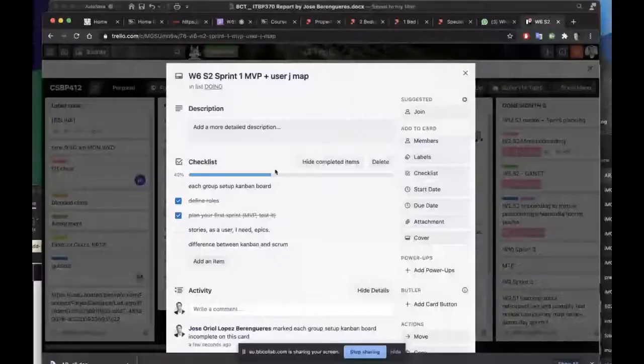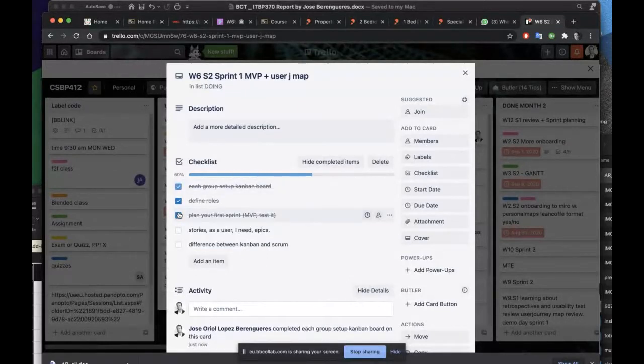Okay. So if you go to the course Kanban board, you set up a Kanban board, you define the roles, you plan your first sprint to do an MVP. These are the 3 things you need to do today. And you add some stories to your Kanban board for the MVP, right?